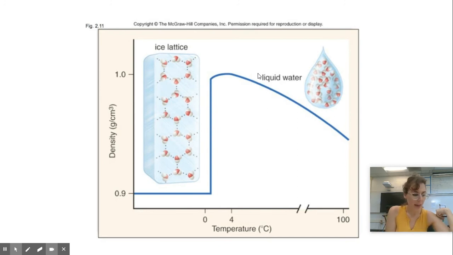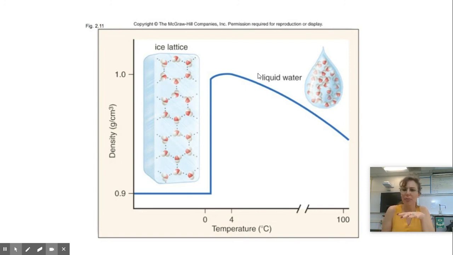So if we think about how water moves in a lake, the coolest water is on the bottom of the lake. That cold water on the bottom, because it's less dense than the liquid water, floats up to the top surface of the lake. And then there's this nice frozen layer on top of the lake that provides a layer of insulation so that the entire lake doesn't become frozen solid, right?